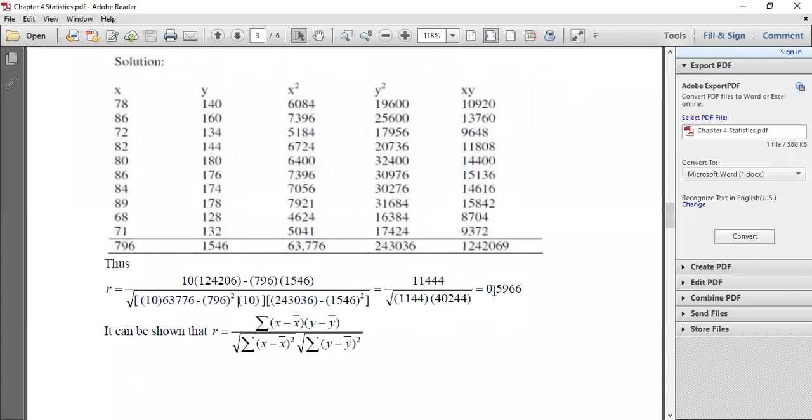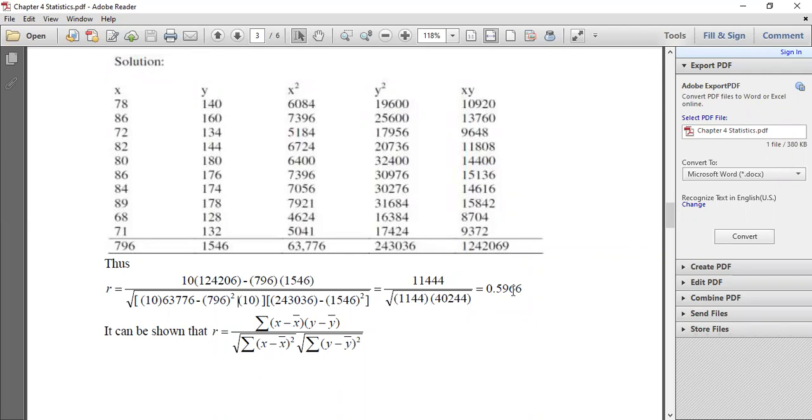And you get 0.5966. So what does this mean? You can see that this is between 0 and 1. So it is positive. So one thing that you note is that this is a positive correlation. Then again, it is greater than 0.5, 0.5 all the way to 1.